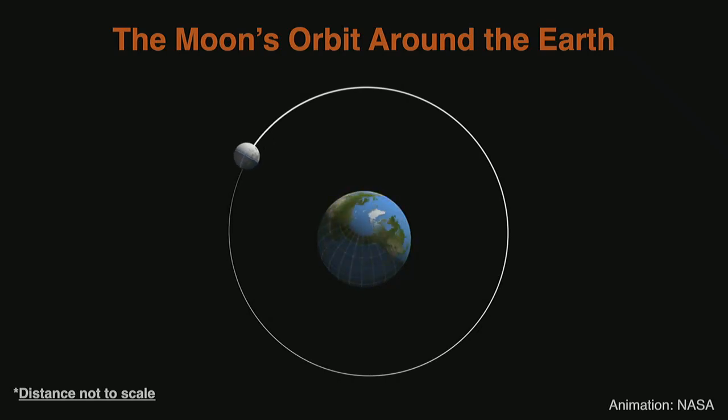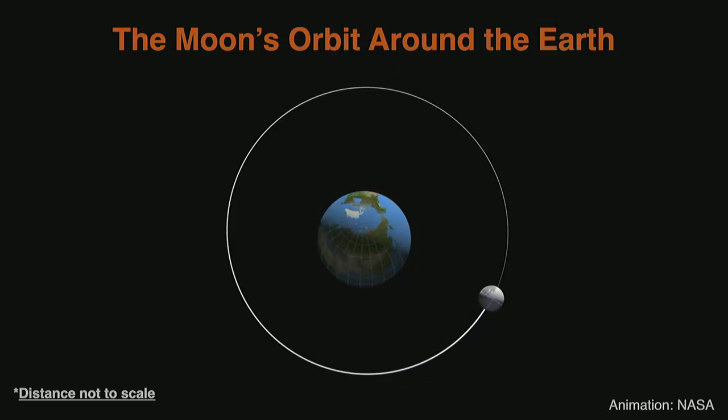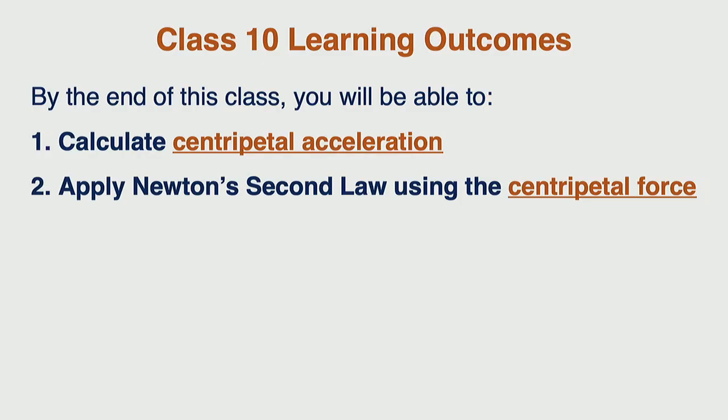It's not precisely a circle, but it's pretty close. And you can kind of see how the moon orbits the Earth. So we'll talk about this motion. We'll talk about the specific kind of acceleration that the moon is experiencing at this moment as it goes through this rotation. So our goals for today, we want to think about centripetal acceleration.